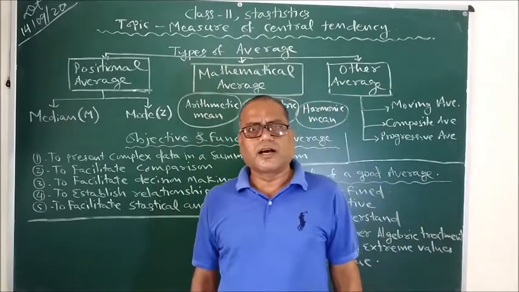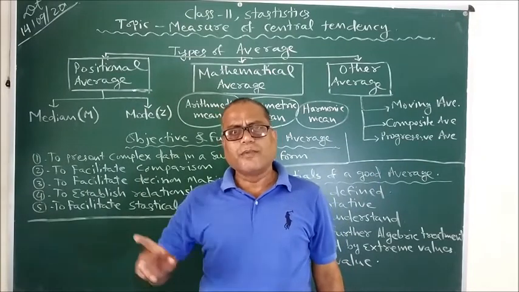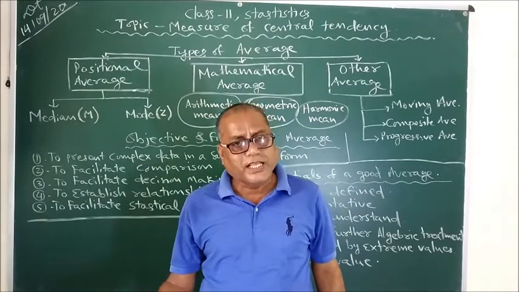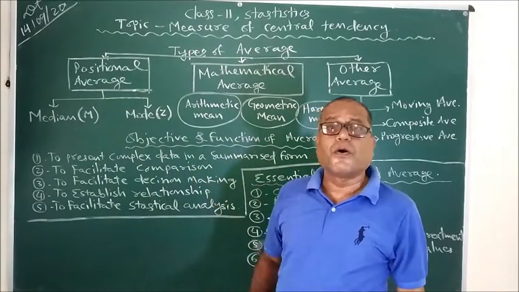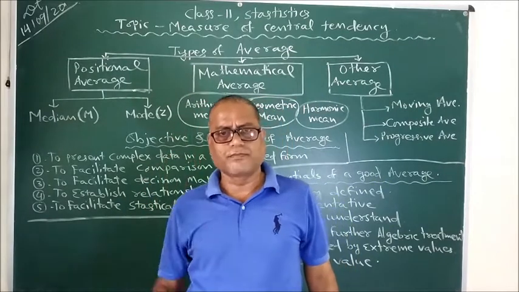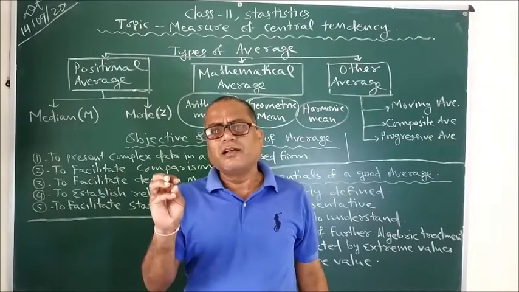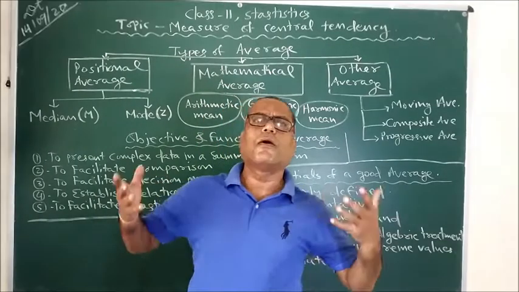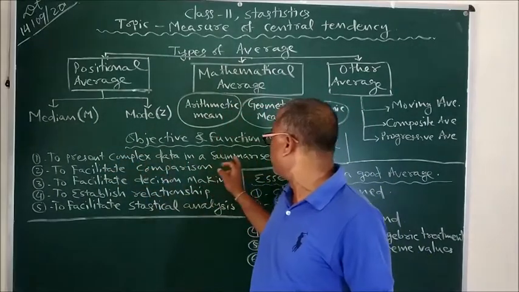When we collect the data, it is quite complex in nature, and we need to make a summary of that, and the average is the summarized form of complex data. That means it is a quite simpler form. By observing little we can know about more. That's the objective.